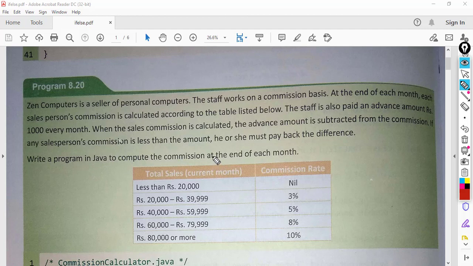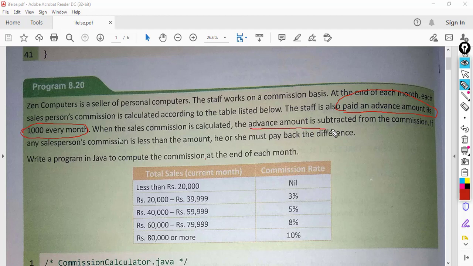So the question seems intimidating at first sight, but there are only a few things important for us in this question. Let's mark those points. Those points are: paid an advance amount of 1000 every month.